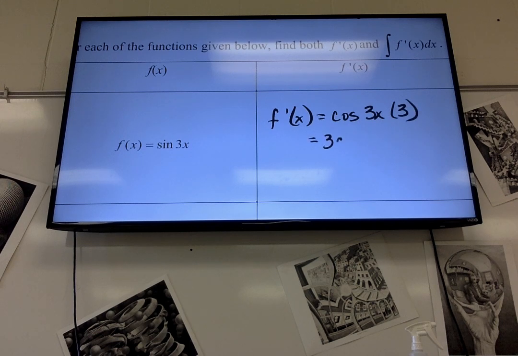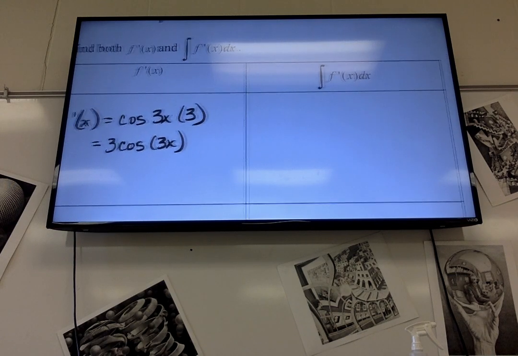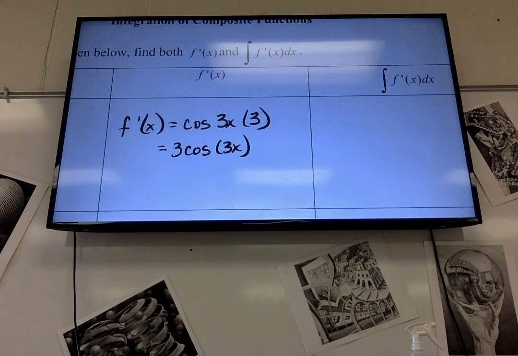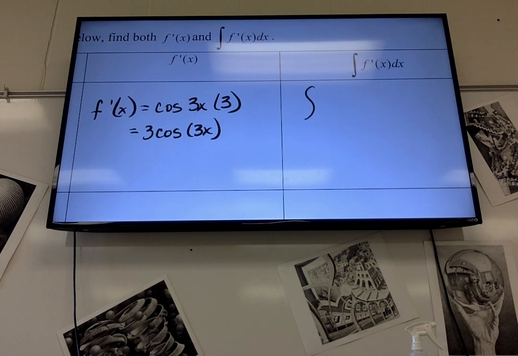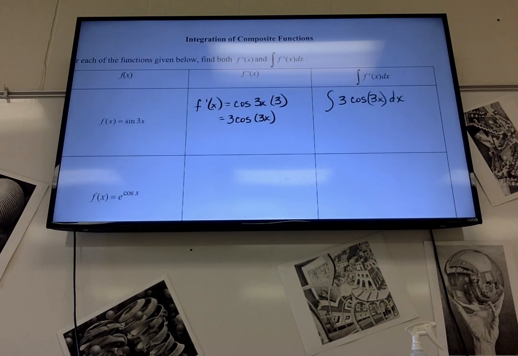So it's 3 cosine of 3x. Make sense? Alright, so if I took the antiderivative of 3 cosine of 3x, would it be like 3 cosine divided by 3? What should I get? You take the antiderivative.